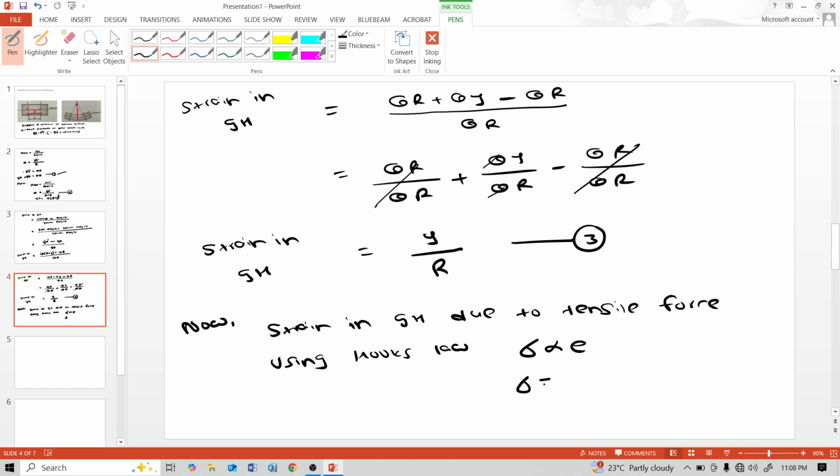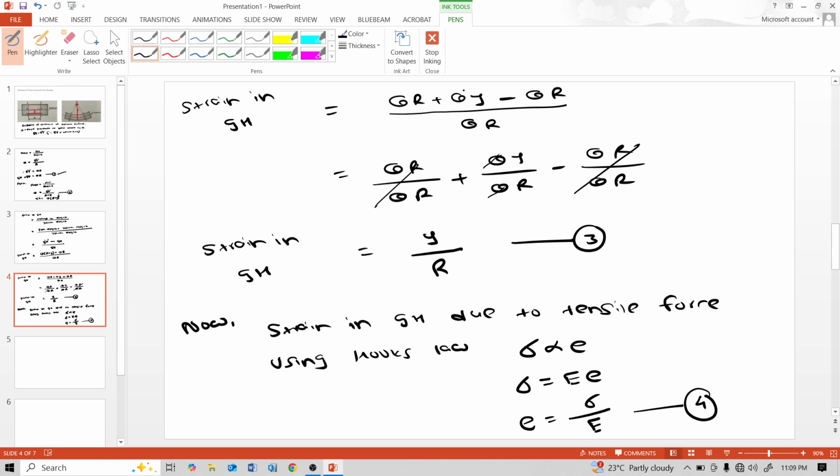Stress is equal to E into strain, where E is the modulus of elasticity or Young's modulus. From this equation, strain is stress upon modulus of elasticity. This is equation 4.